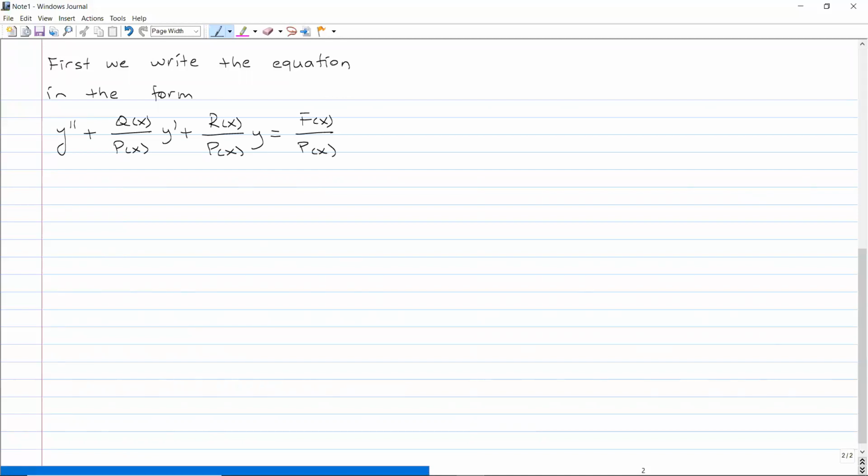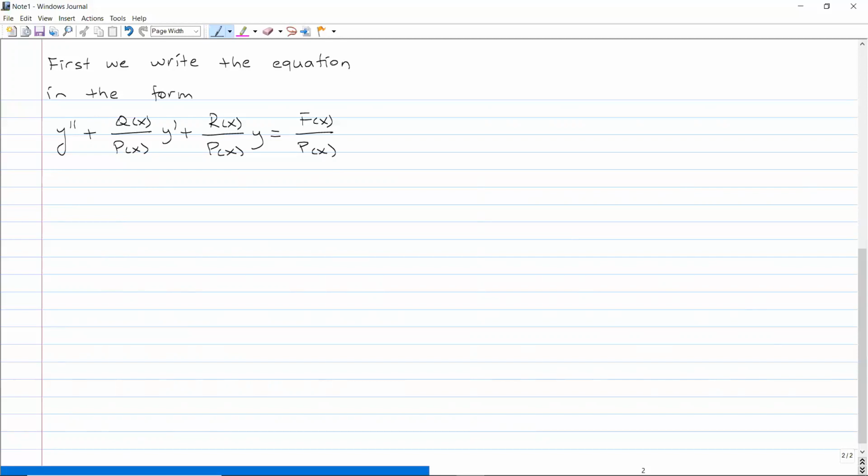The reason is the existence uniqueness theorem about linear equations. In order to use the existence of solution, we need the coefficient of the highest derivative to be 1. That's how the proof works. So when we are trying to find a solution, we always try to write our equation in this form first.